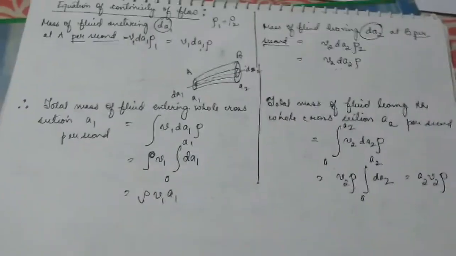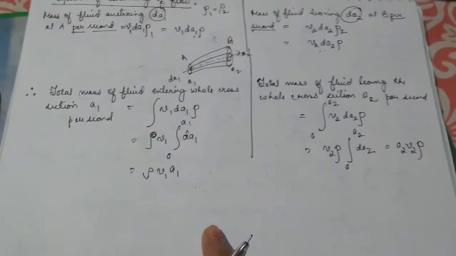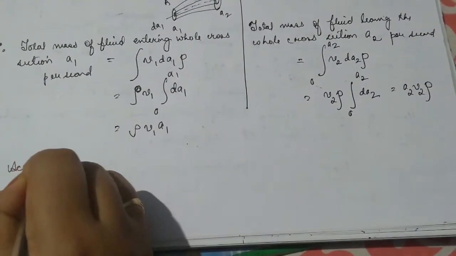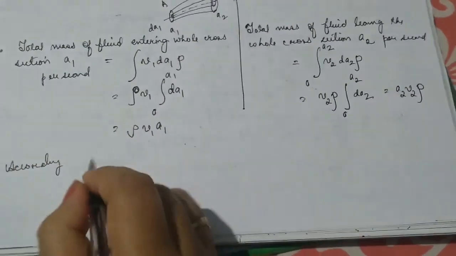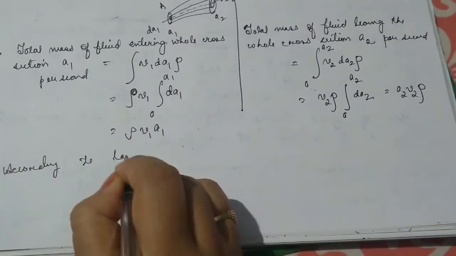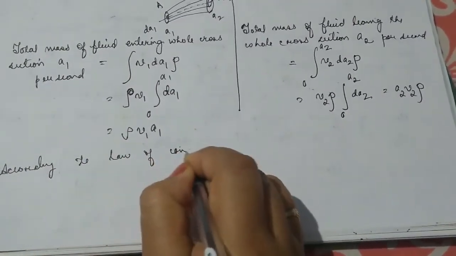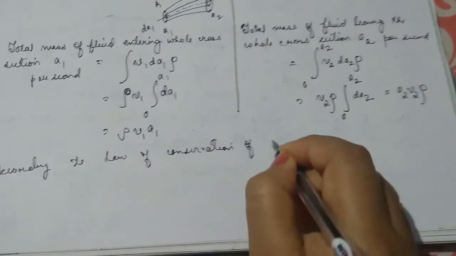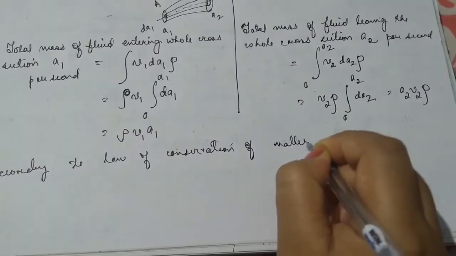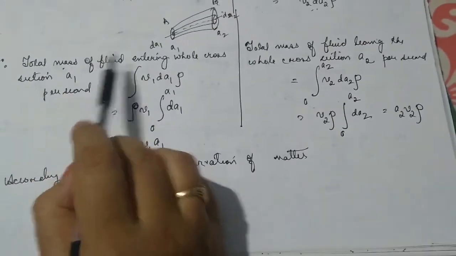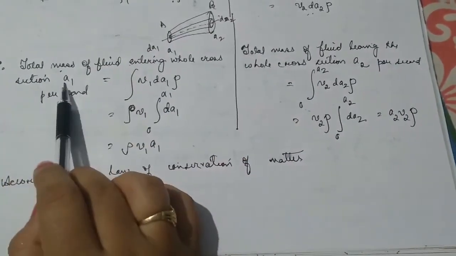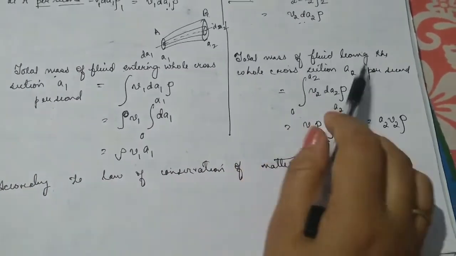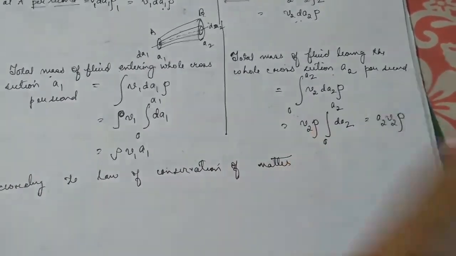According to the law of conservation of matter, the total mass of fluid entering the whole cross section A1 per second should be exactly equal to the total mass of fluid leaving the whole cross section A2 per second.